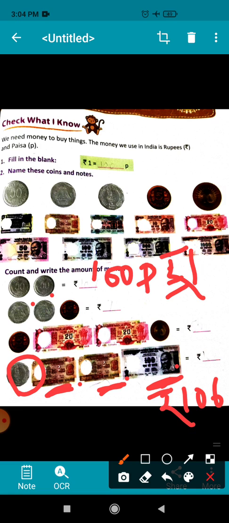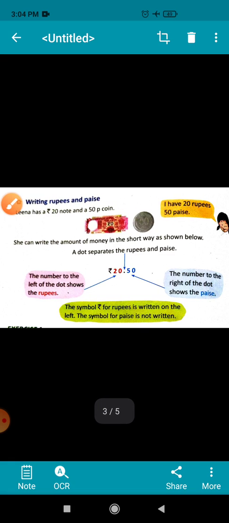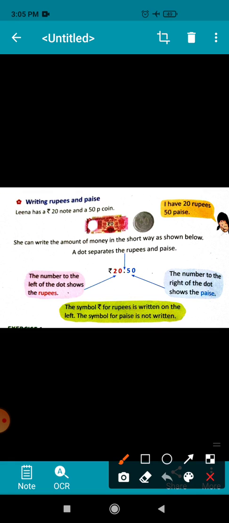Okay, now let us see how we can convert rupees into paisa. First of all, we will learn how we can write rupees and paisa. Okay, so children, here you can see a 20 rupees note and a 50 paisa coin, and together how will you write?